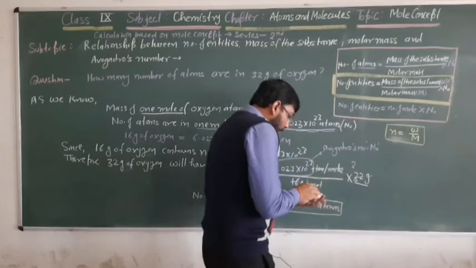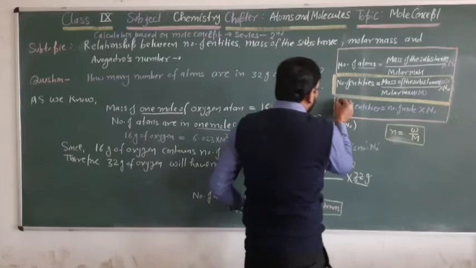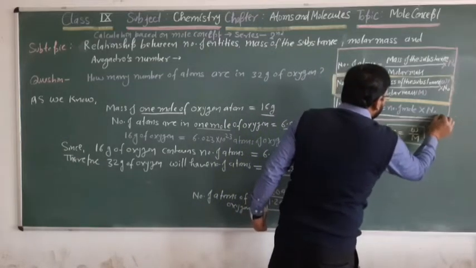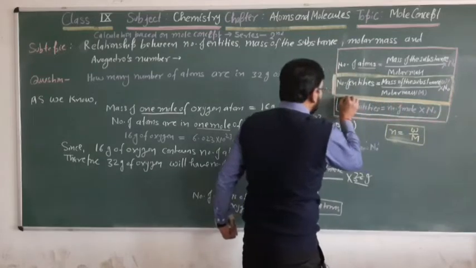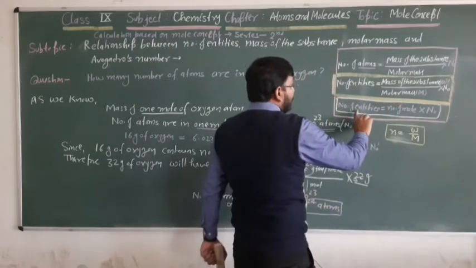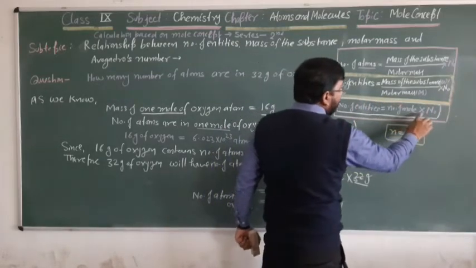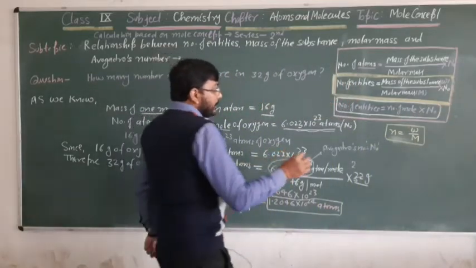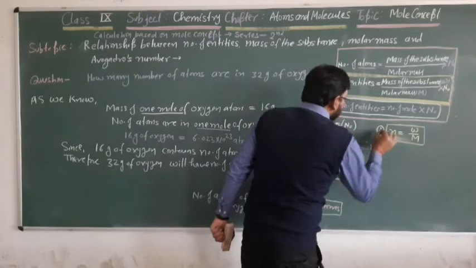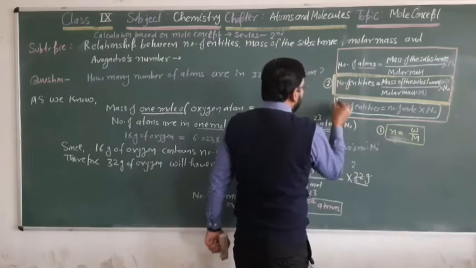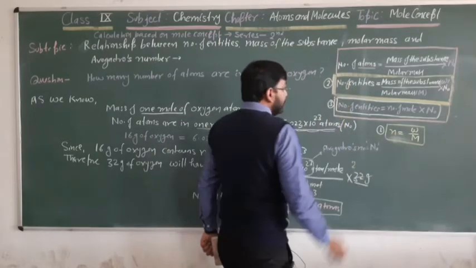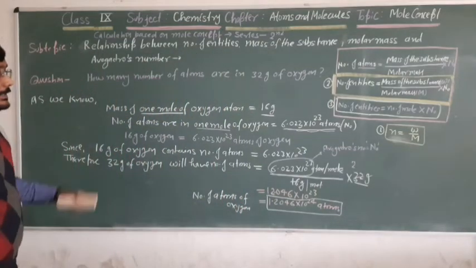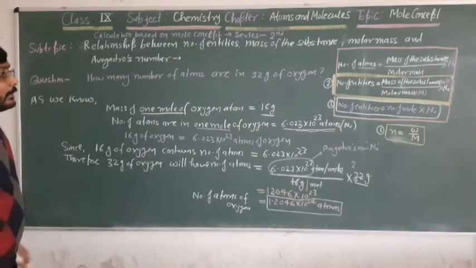So now we got another relation: number of entities is equal to number of mole into Avogadro number. So this is our first relation, this is second, and this is third. We got three formulas from this discussion.